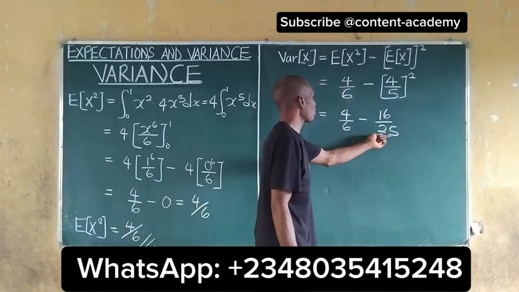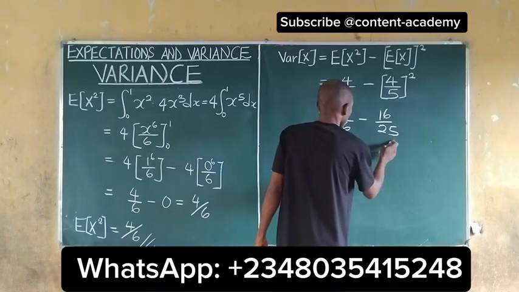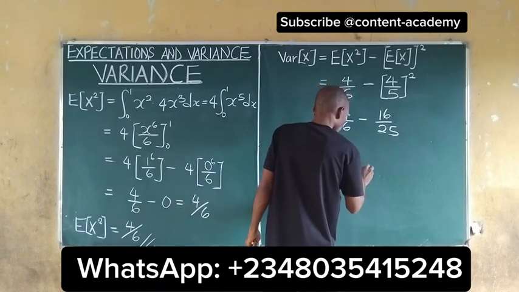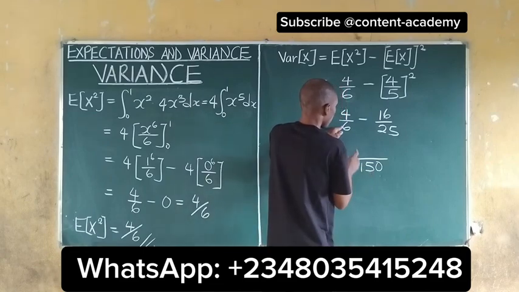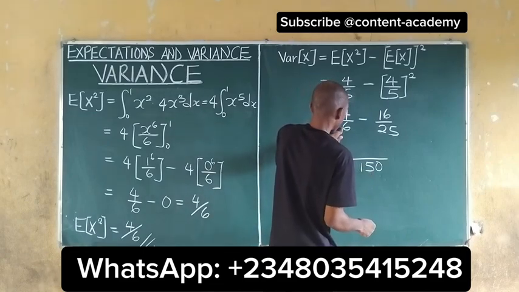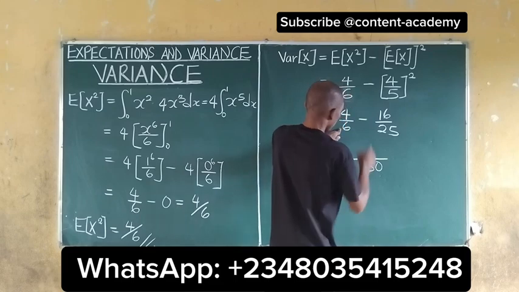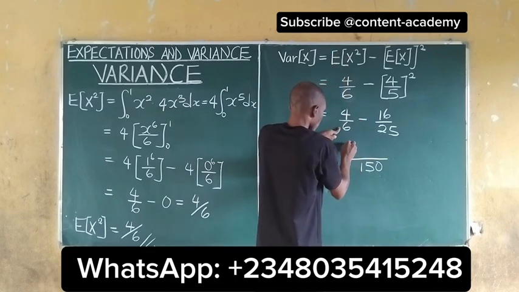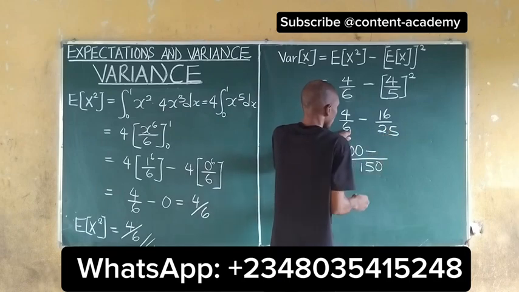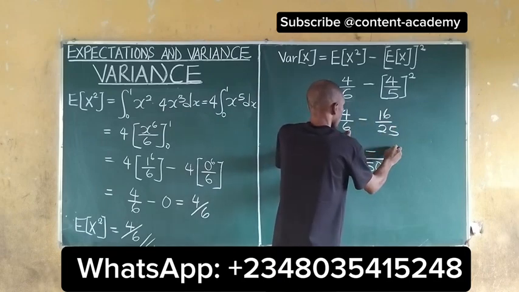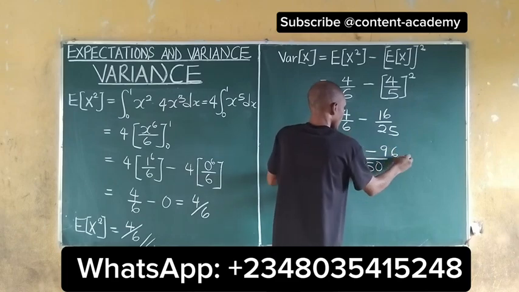So the next thing to do is to find the LCM of 6 and 25. The LCM of 6 and 25 is 150. 150 divided by 6 will give us 25. So 25 multiplied by 4 is 100, minus 150 divided by 25 will give us 6. 6 multiplied by 16 is 96.